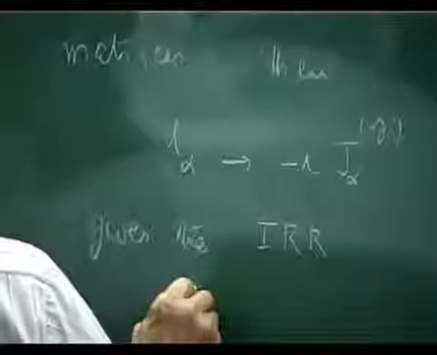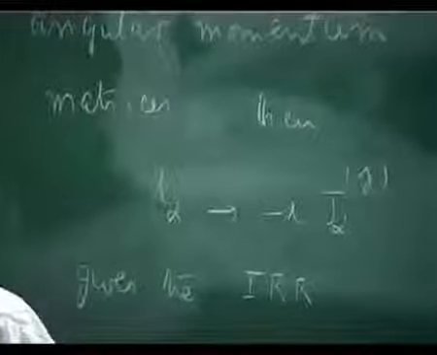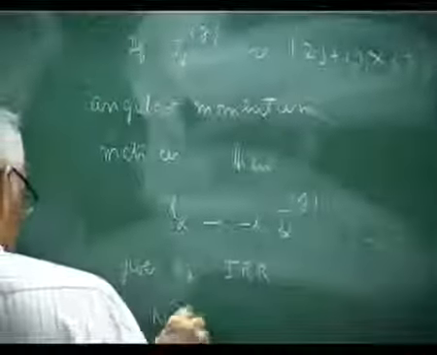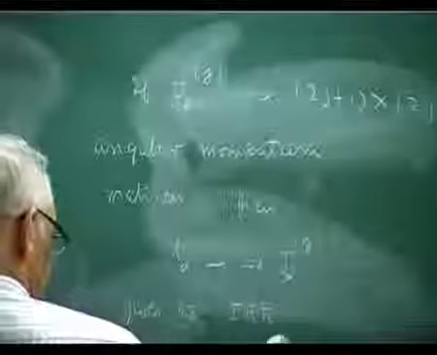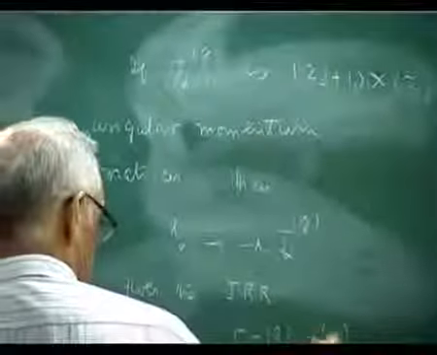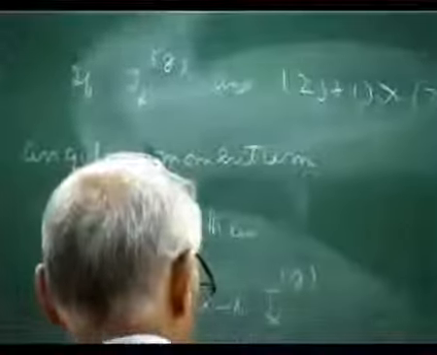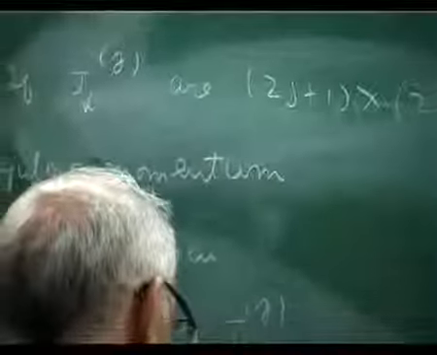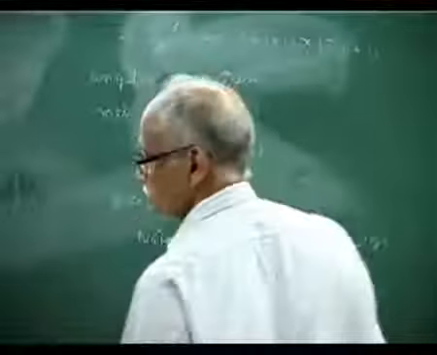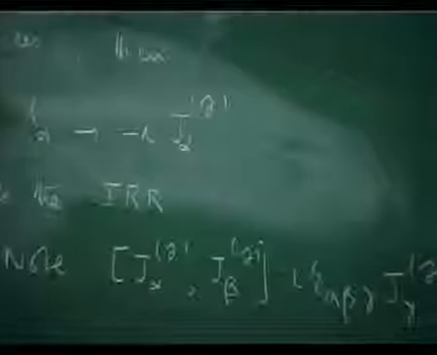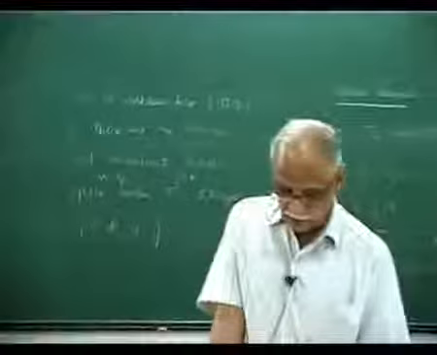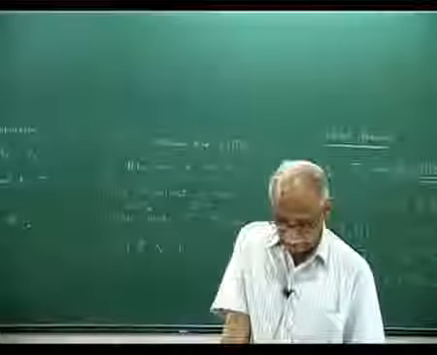This minus i is because the conventional thing is that J alpha, J beta has an i epsilon alpha beta gamma J gamma, there is an i here, right? Those matrices are Hermitian; for the anti-Hermitian choice there are no i's. So it is for this reason that the i's are put there.